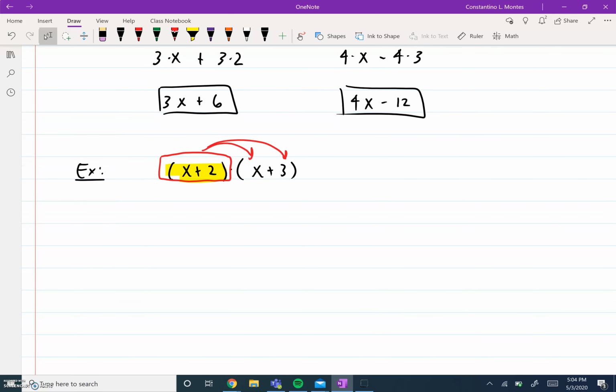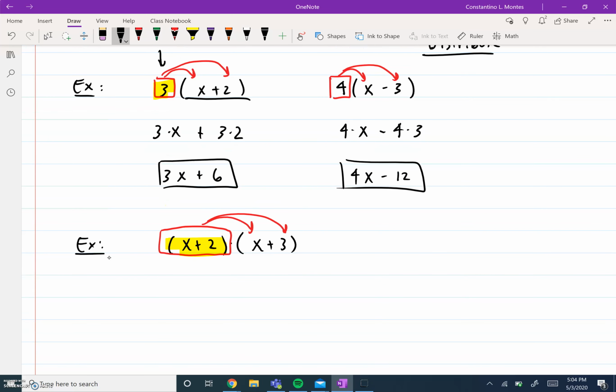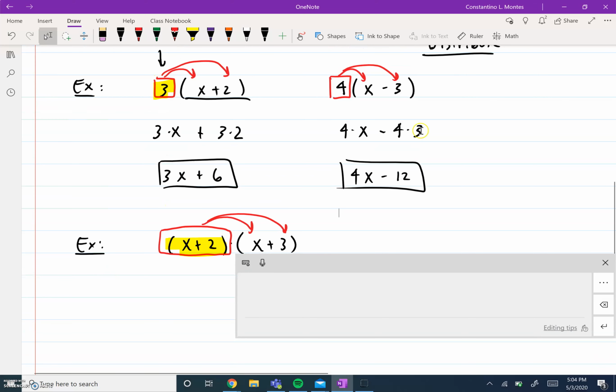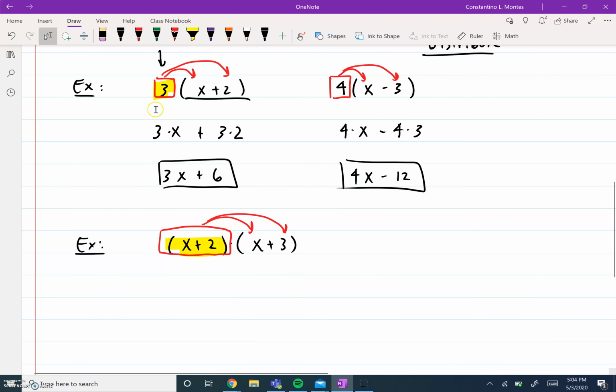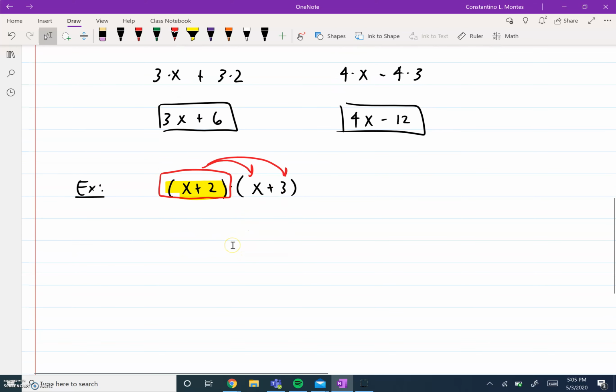Well, just like I did up here, this turned into 3 times x. I got 3, and I multiply it to x to get 3 times x. Here I'm going to take this thing, and I am going to multiply it to x. So I would end up with x plus 2 times x.